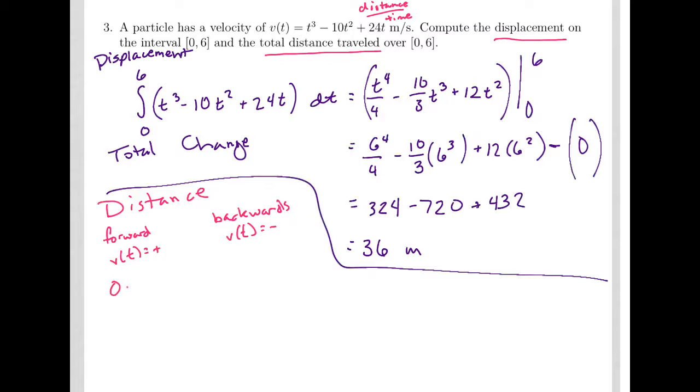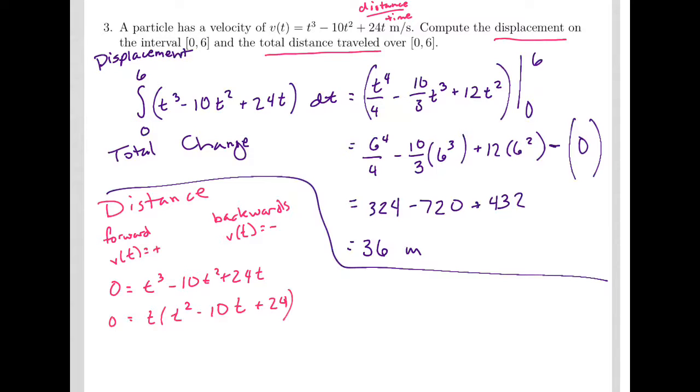So 0 is equal to t cubed minus 10t squared plus 24t. And then pull out a t, and you end up with t squared minus 10t plus 24.